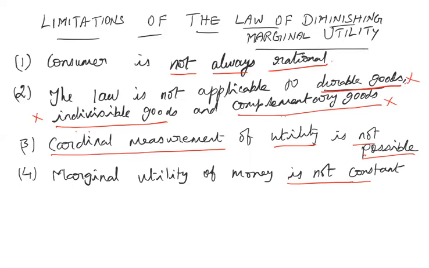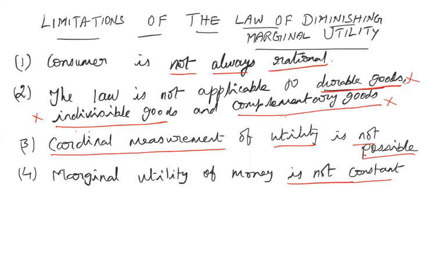So if the consumer starts giving more importance to keeping it in the form of money instead of mangoes, instead of commodity X, then he will stop purchasing. In our example, after consuming the third mango, the consumer realizes, why should I purchase more and more mangoes? Why can't I keep it in the form of money?